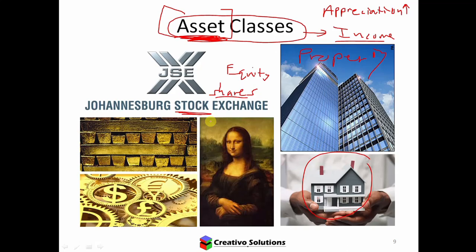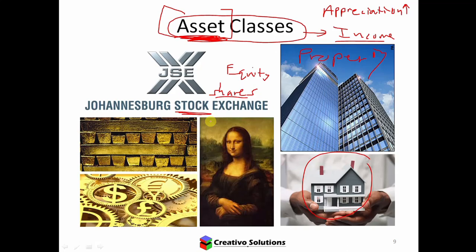If you had purchased the Mona Lisa, obviously that painting is world famous, and the likelihood of it being worth more in the future than it is worth today is quite likely because there's only one painting like it in the world, and obviously the painter has since passed away. So there's a limited amount of paintings that are out there in the market.